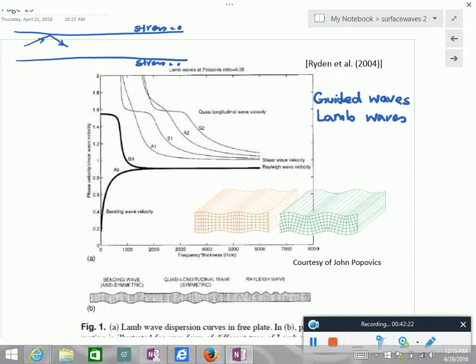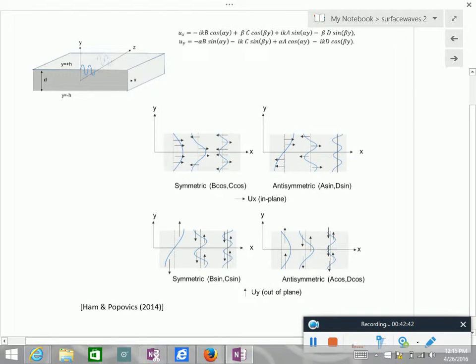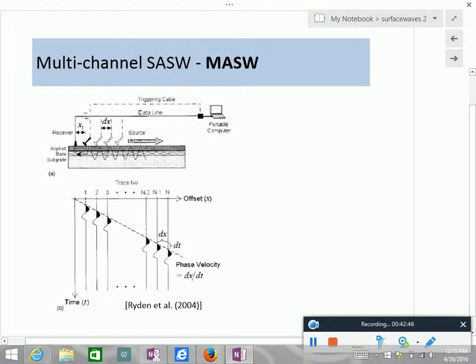They said, okay, this is the largest amplitude and this is nice. So if you just look at dispersion, you are ignoring all these other modes. Because of that, a lot of inversion processes were very, very hard to do. In pavement testing, I don't think you have this, but I will explain it afterwards. Let me just give you the significance.